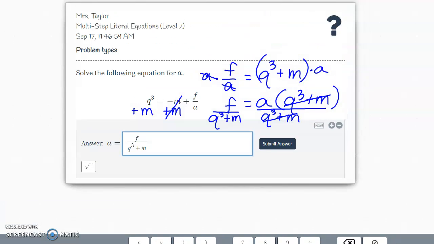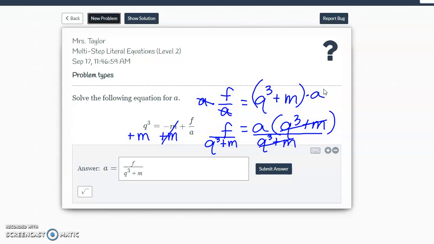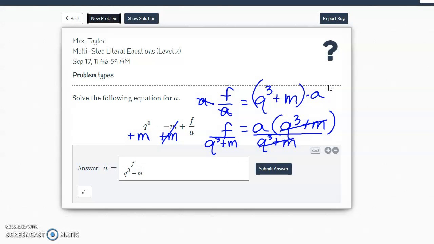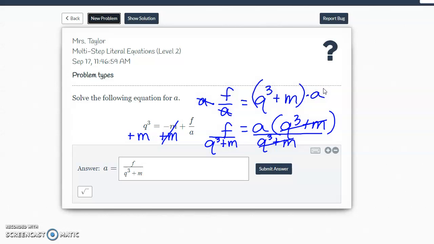And again, when I go to submit, yes, I'm positive that it is correct. Oh, it didn't let me. Yes, I'm good. Why is it not letting me? It's not listening to me.